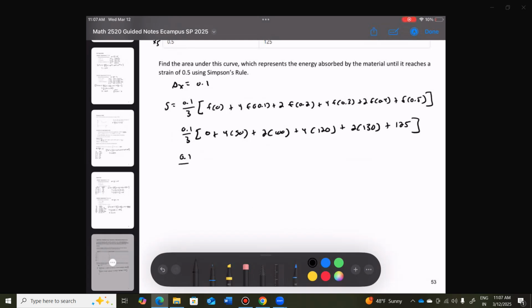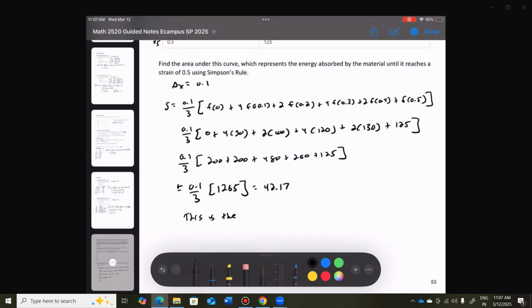So we get 0.1 over 3, 200 plus 200 plus 480 plus 260 plus 125. And this becomes 0.1 over 3 times 1265, which ends up being 42.17. And then this is the energy per volume absorbed by the material.